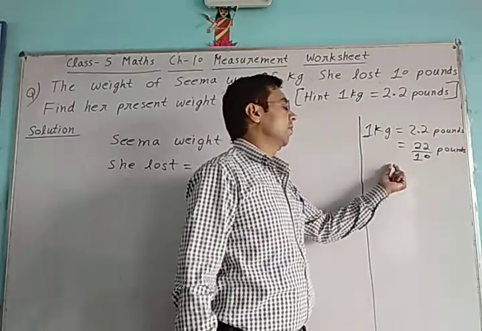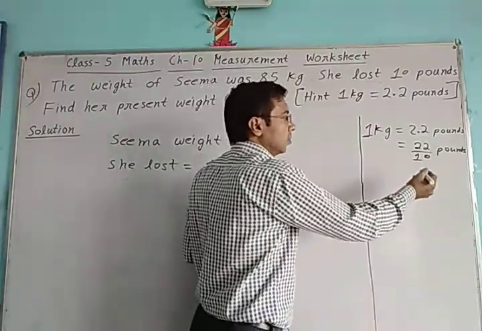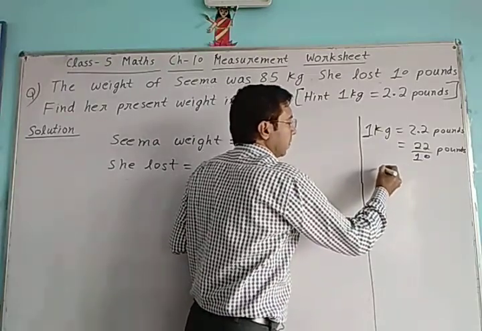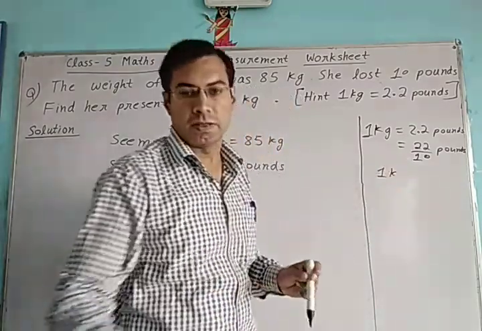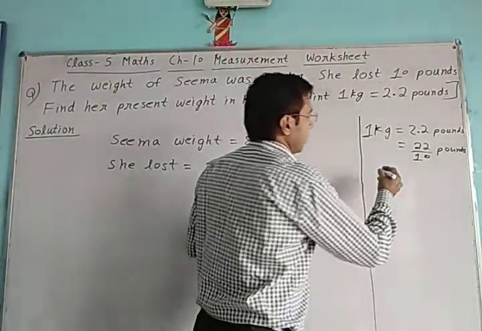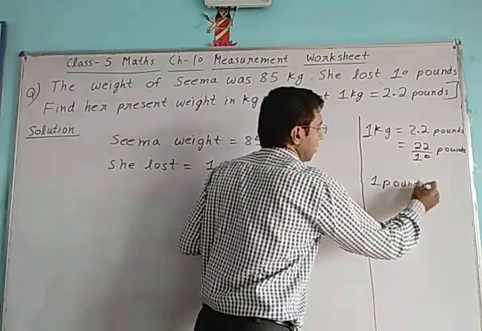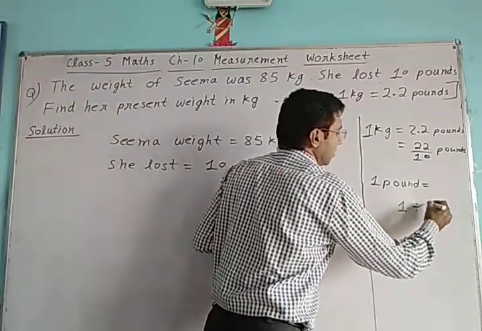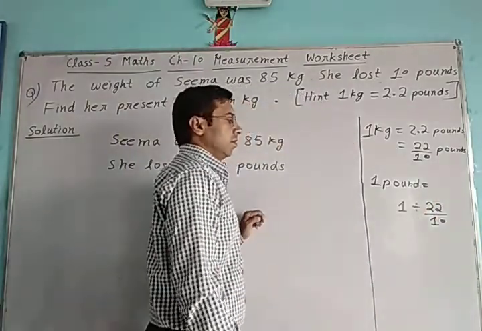Now when we convert a smaller unit to a bigger unit, what we do? We divide. Pound is the smaller unit, kilogram is the bigger unit. So what we do? We divide. So 1 kilogram is 22 upon 10 pounds. Students, clear?